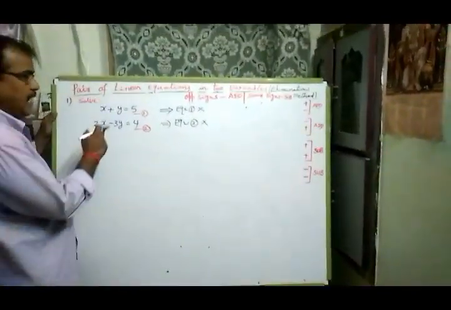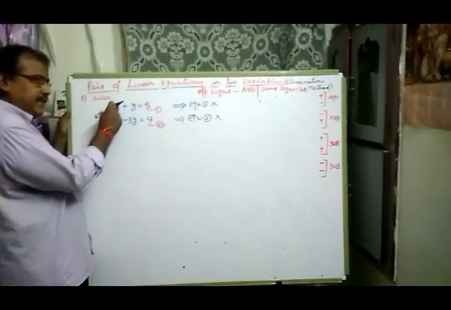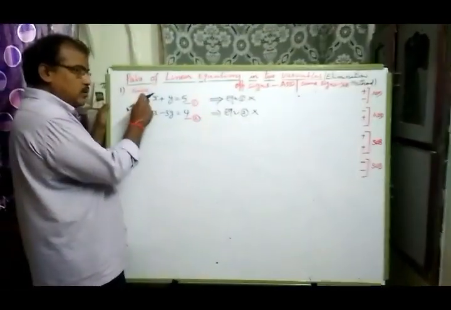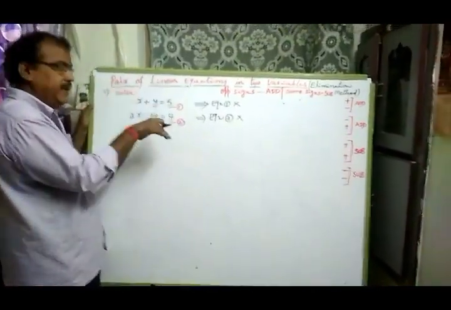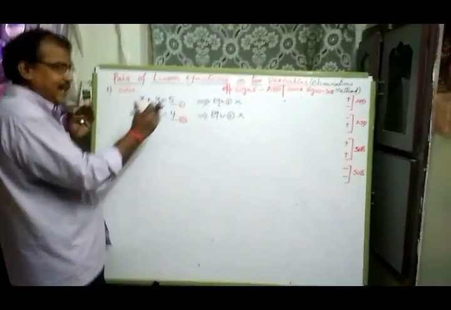For that purpose, I have to multiply so that this coefficient and this coefficient are equal. Here the coefficient is 2, so here also the coefficient will be 2. Then you can do it very easily.